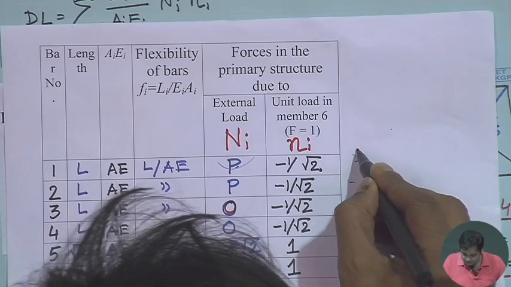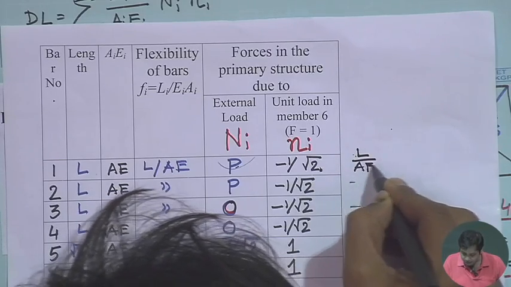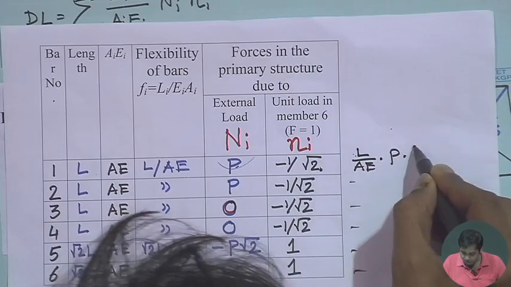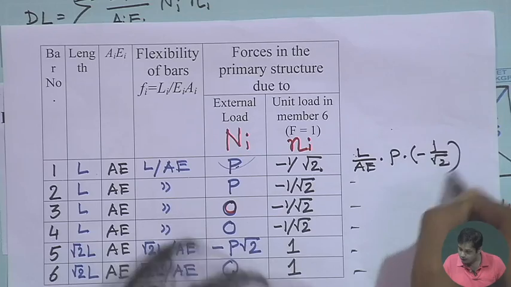The length is L by AE into P into minus 1 by root 2.